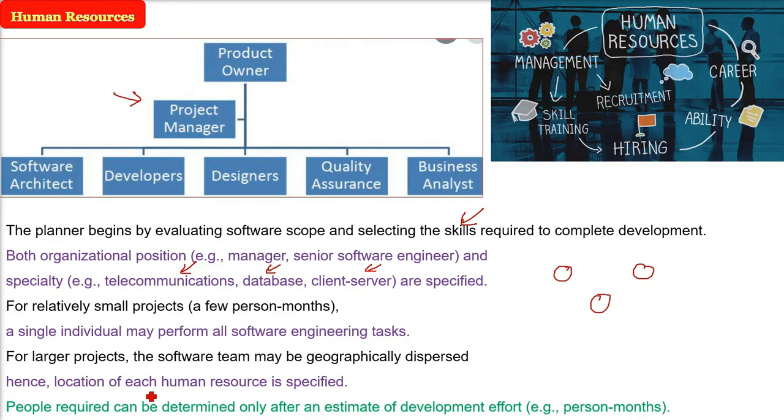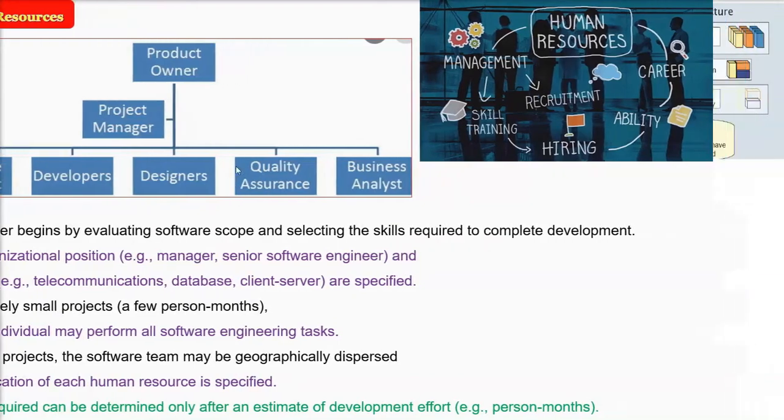And the people required can be determined only after we estimate the development effort. For example, the person month. Person month means one person in 1 month, how much work he does. Just as the kilogram is for weight and the meter for distance, in the same way for effort, the unit is person month.